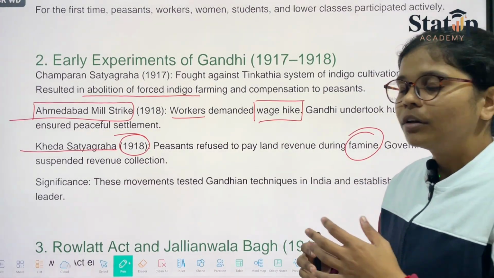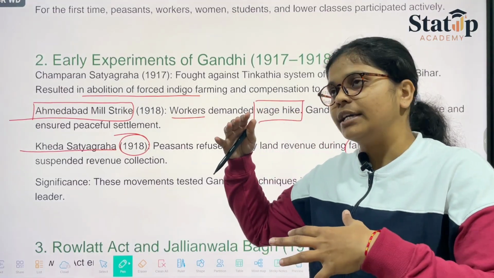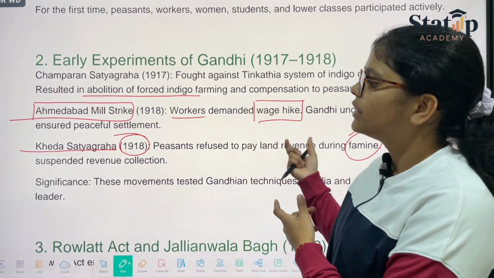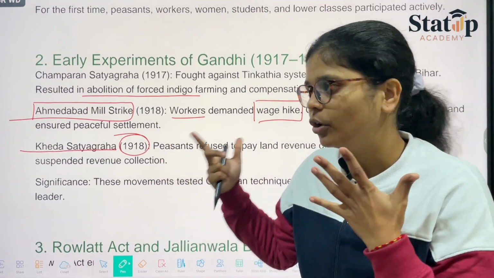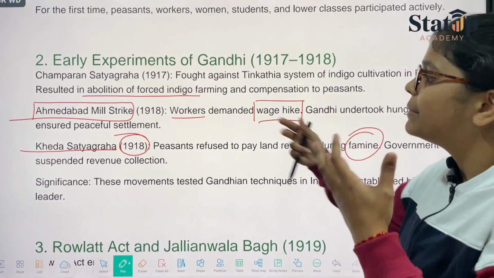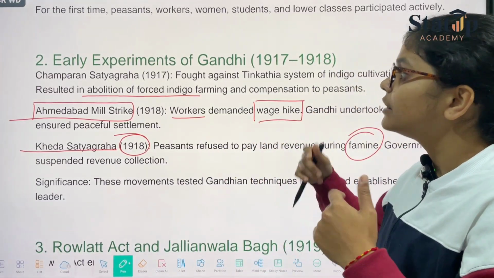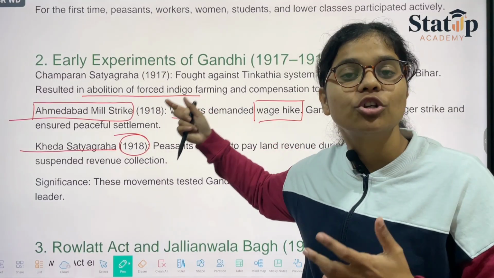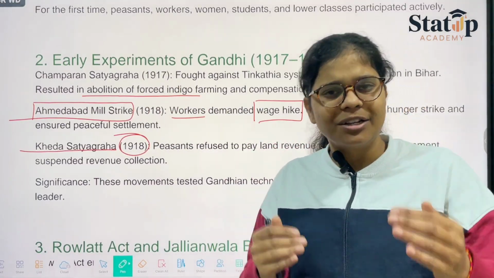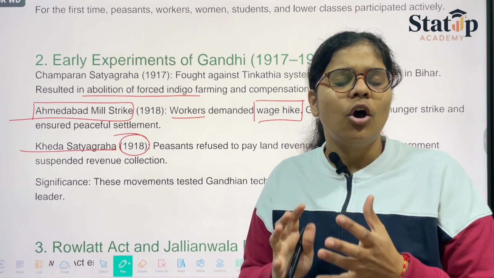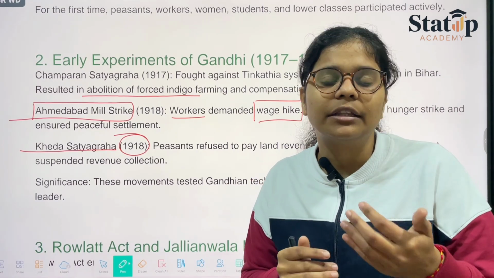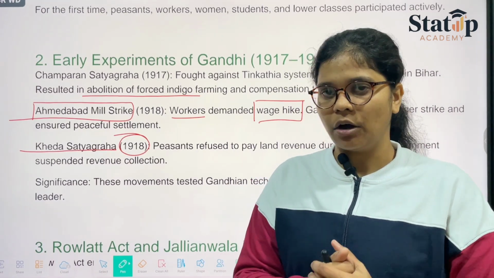If there could be a suspension in revenue collection, or a peaceful settlement between the Britishers and the workers, and an abolition of forced indigo farming, it means that Gandhian techniques were working in India.